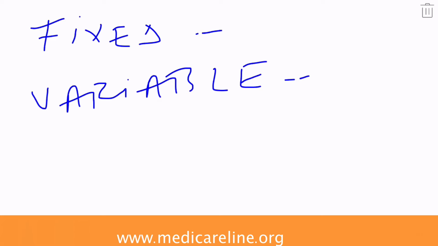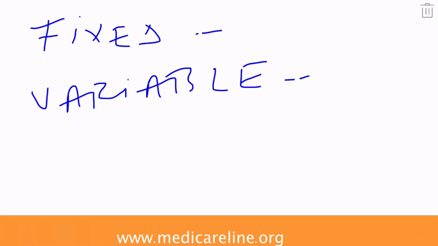So you can predict how much you're paying every month. A variable just means that it can go up or down. And in the context of Medicare and how much it costs you, variable can go up or down depending on whether you use the plan or not. Let's say you go into the hospital or you have doctor's visits. Every time you use the services, the cost can be variable, because you just don't know.